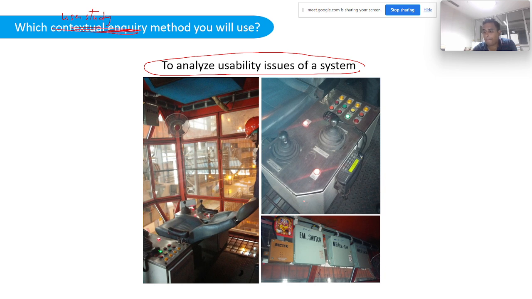Okay, correct. So here, one is contextual inquiry. Probably we'll get permission to see how the user performs. That is one way.